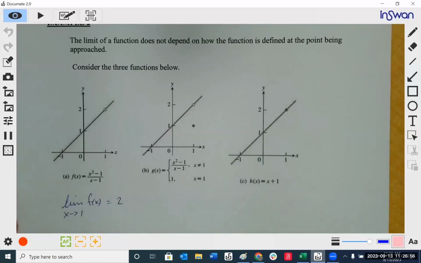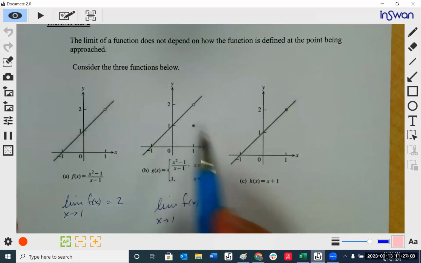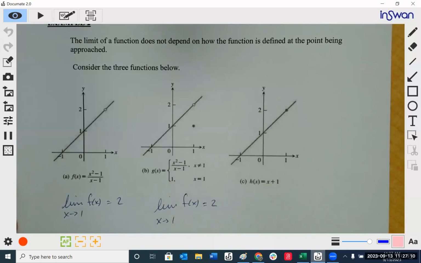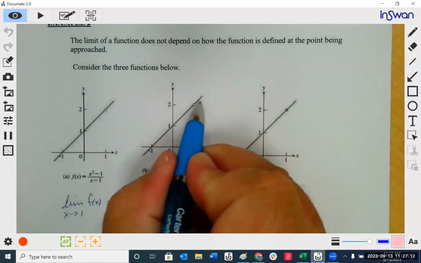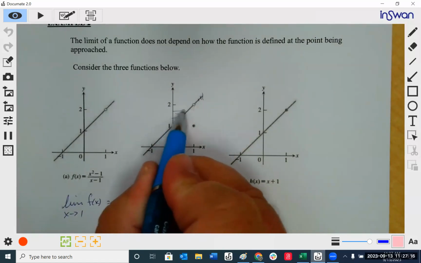How about the second one? Put the dots down here. Because remember, we're coming from top and bottom. Where are these values approaching?